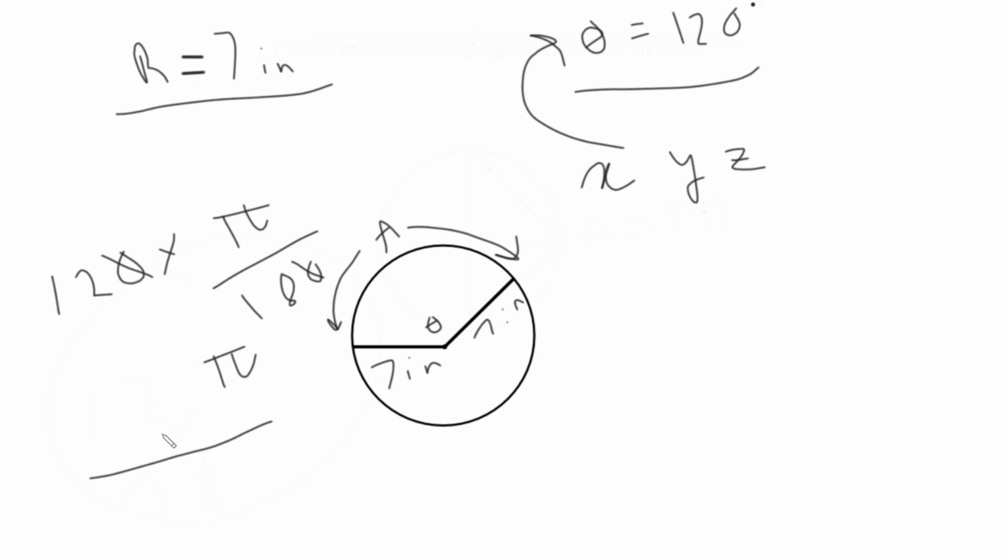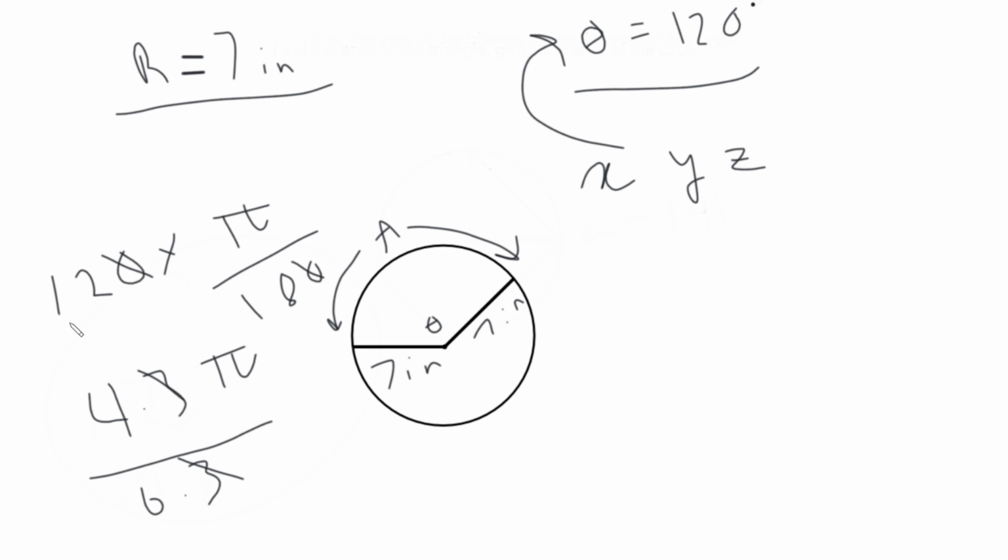Let's simplify this while I'm at it. 12 is 4 times 3, and 18 is 6 times 3. You see where I'm going here. We can cancel out these 3's, and so 4 pi over 6.